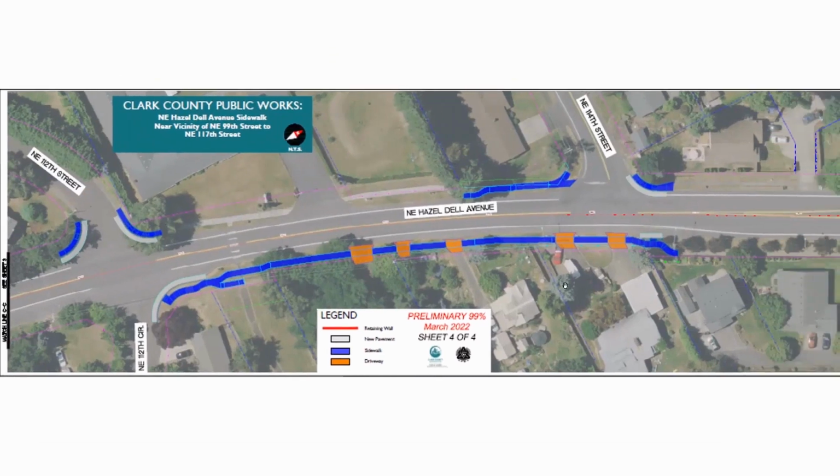Once we get down to Northeast 112th Street, there'll be sidewalk on both sides of the roadway. On the west side, for the most part, it's existing. On the east side, we'll have a new sidewalk segment.